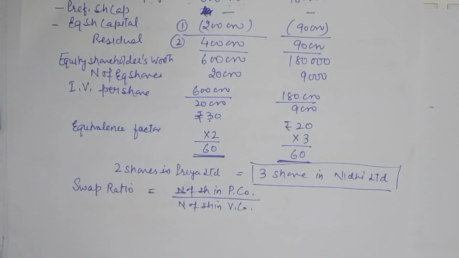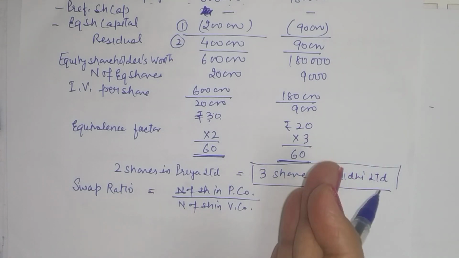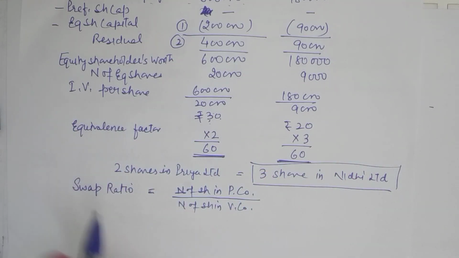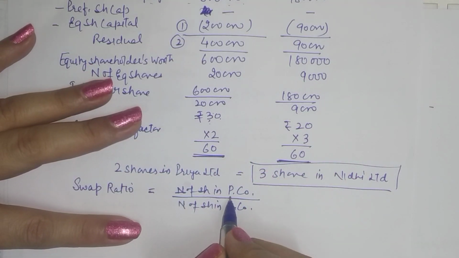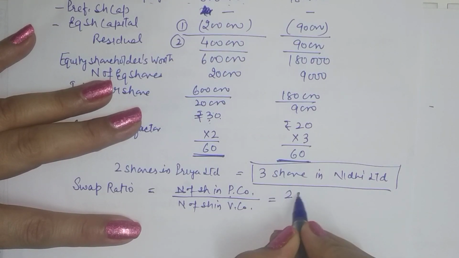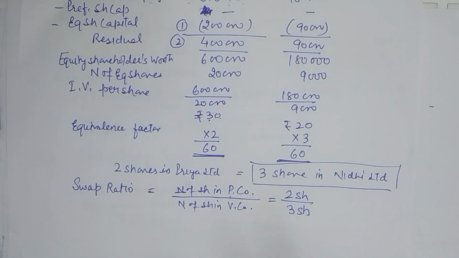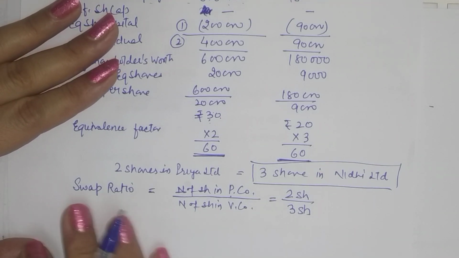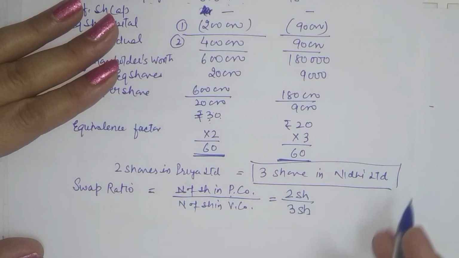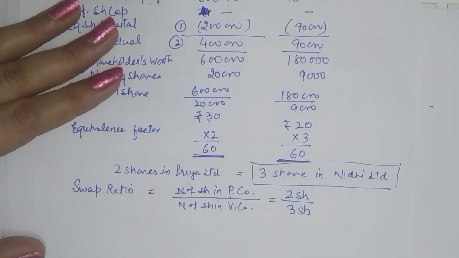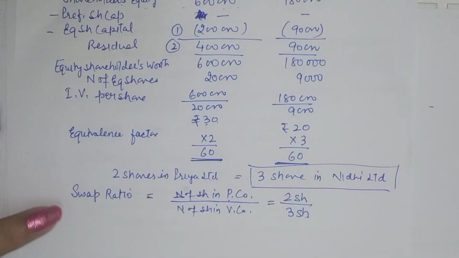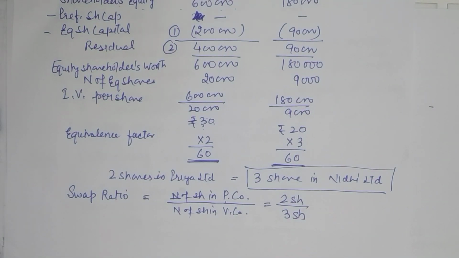So when Nidhi Limited is taken over by Priya company, in the new company you will be getting 2 shares for every 3 shares held. This is how we read swap ratio. So 2 shares in the purchasing company for every 3 shares in the existing company. This is our swap ratio based on equivalence factor.